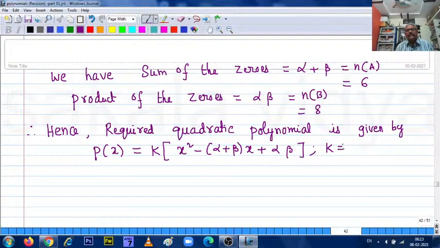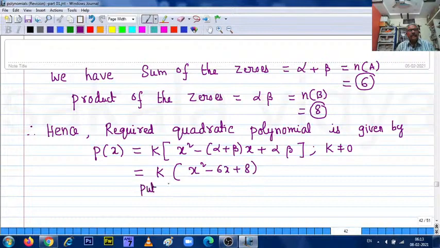Here k does not equal 0. So in the place of alpha plus beta write 6, and in the place of alpha beta write 8. Then we get k times x square minus 6x plus 8. Now put k equal to 1. Therefore the required polynomial is P of x equals x square minus 6x plus 8.